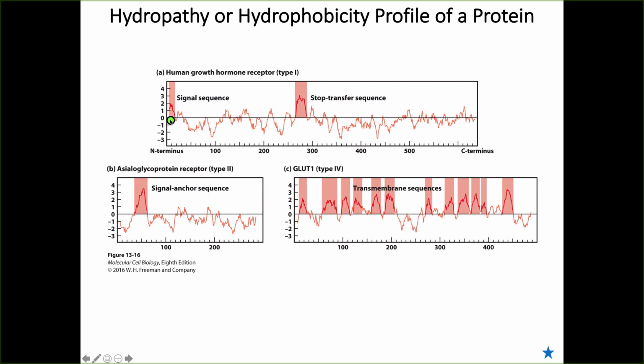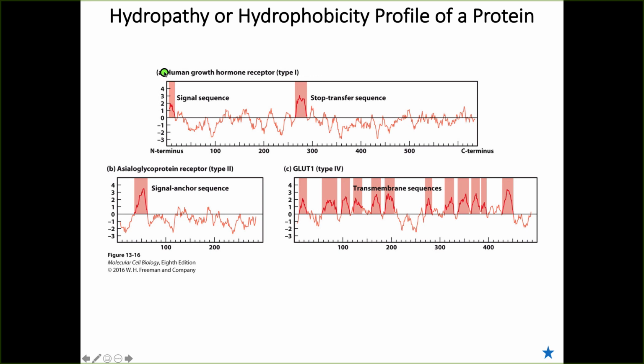Each of these blocks that you are seeing is 20 consecutive amino acids. So hydrophobicity is determined over 20 residues. For each amino acid you have a hydrophobic index, you average the hydrophobic index over the 20, and then you plot those numbers.